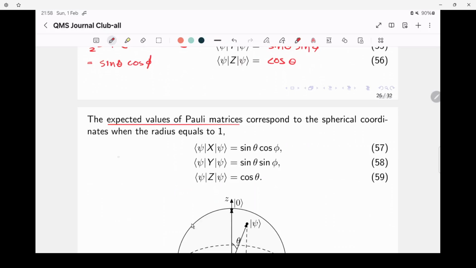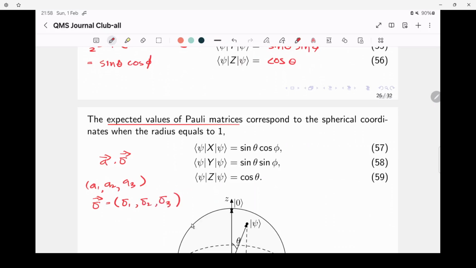And that's why sometimes we also write it in this way. You can write a dot with the sigmas, where a is a 3-term vector, and sigma is another vector, which is sigma 1, sigma 2, and sigma 3.